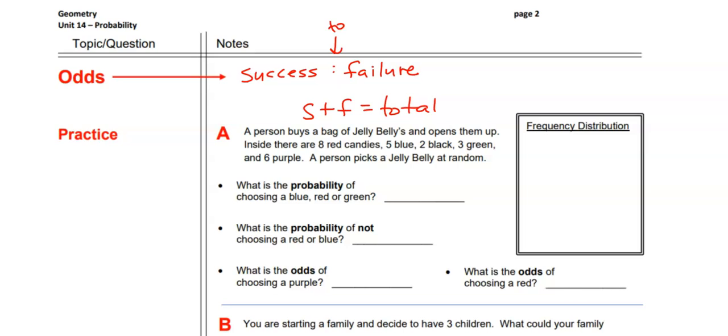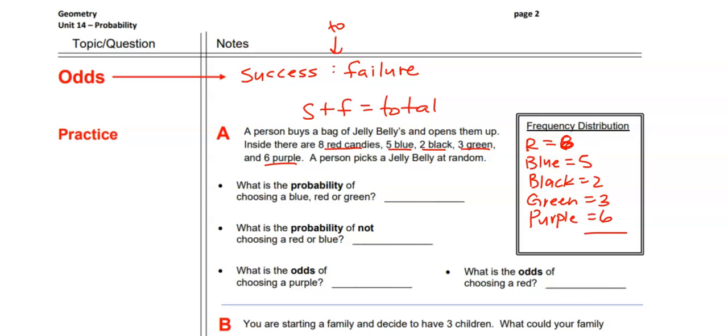So first, over here where it says frequency distribution, this is just where you summarize your work. We're just going to say red is 8, and blue is, and I have to write that out because we have blue and black. Blue is 5, and black is 2, and green is 3, and purple is 6.